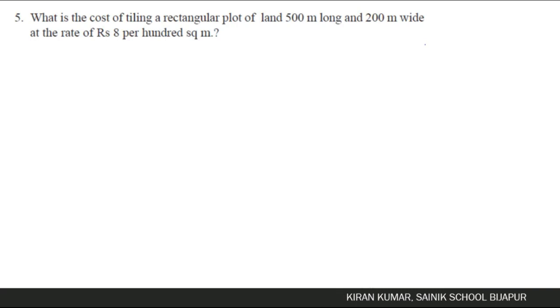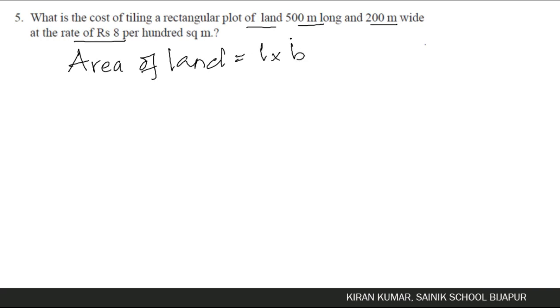Question number 5. What is the cost of tiling a rectangular plot of land 500 meter long and 200 meter wide at the rate of rupees 8 per 100 square meter? Here, area of land will be equal to area of the rectangular plot, which is length into breadth.